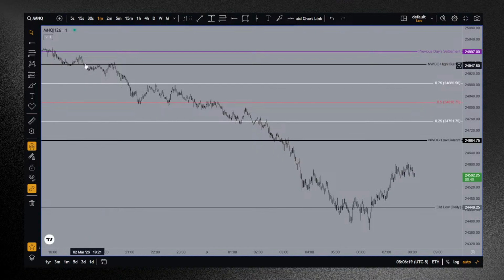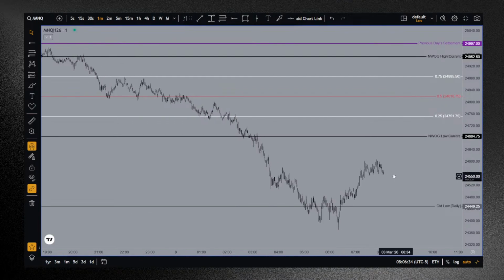I mean, after all, we moved a lot already. We've taken all the sell side liquidity here already, and it's still ahead of the 9:30 opening price.